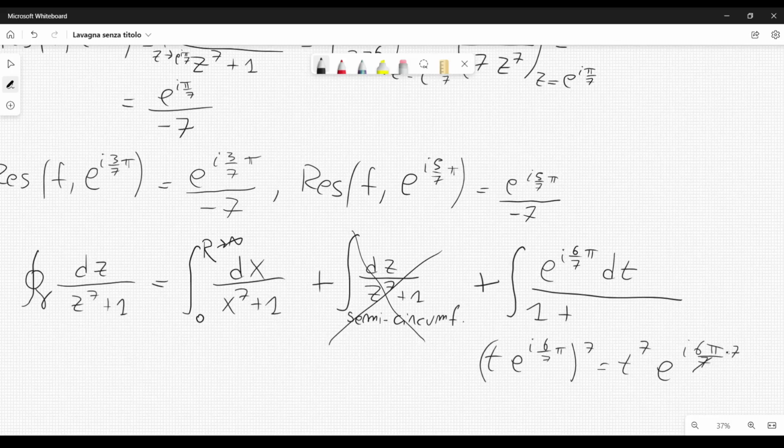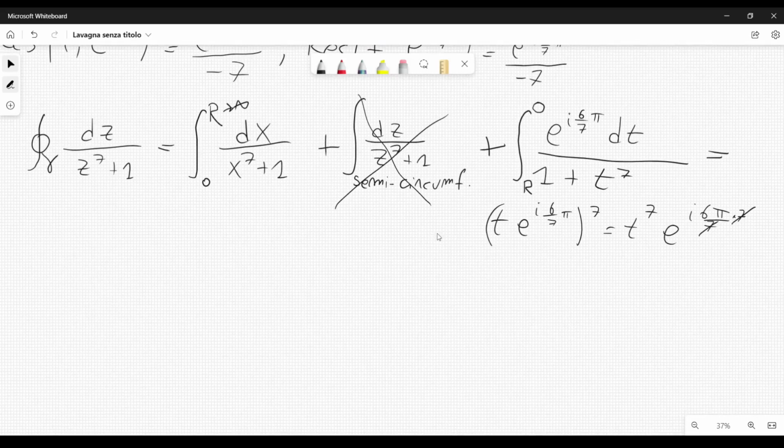So I will cancel this one with this one. But e to the i 6 pi is just 1. So we get t to the power 7 here in the denominator. And we have to integrate from t equal to r to t equal to 0. And also let r go to infinity.